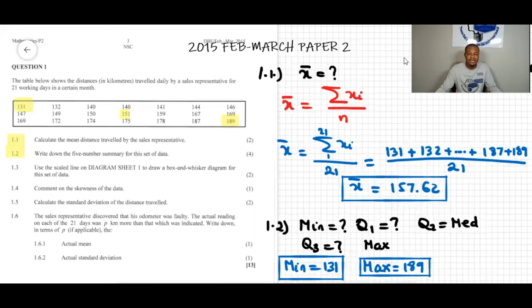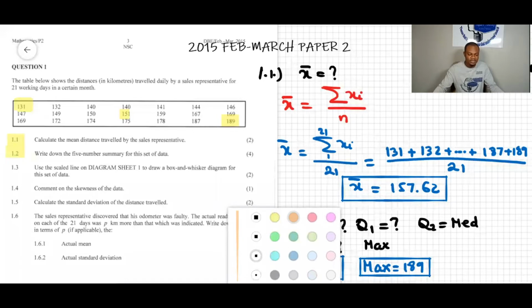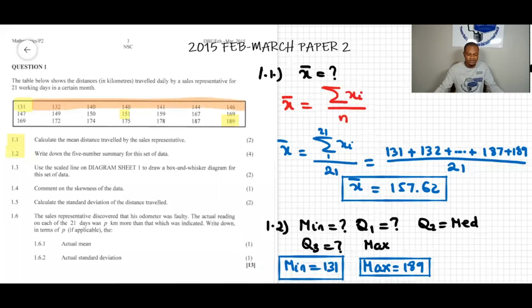Now I can say that the first quartile must be the median of the first half. So let's look here. I will say it must be in the first row here and up until here in this part. So let me color this. This part is in this half here.